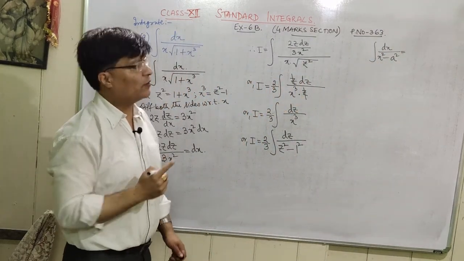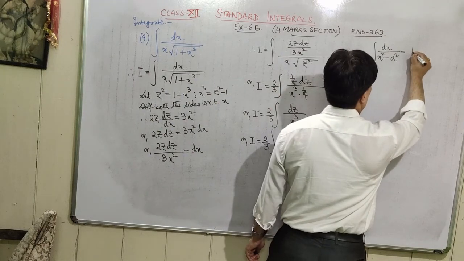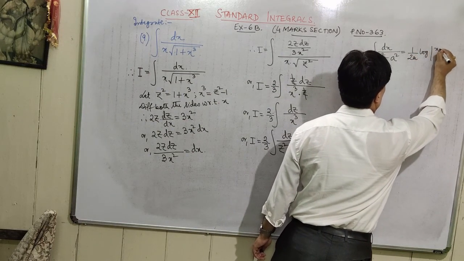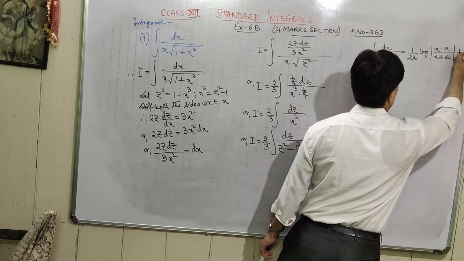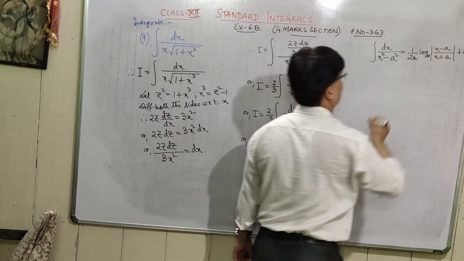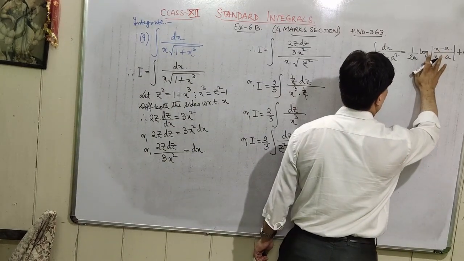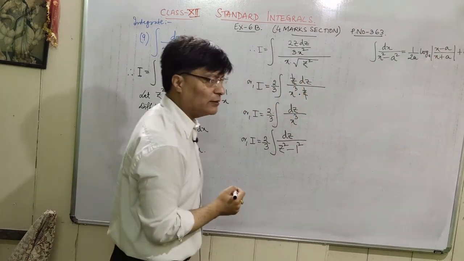What is the formula for this standard integral? It is 1 by 2a log within mod, x minus a upon x plus a, mod sign closed, base e, then plus c. So this is your base e, right? Is that clear?